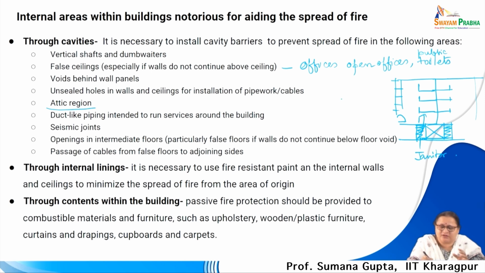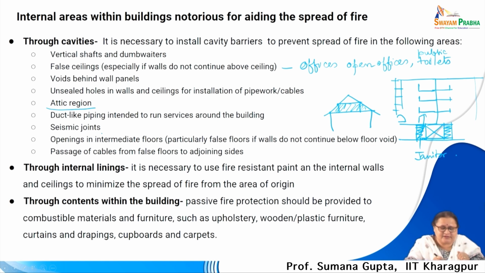Attic regions, attic space is the space above a sloped roof. So, this is my attic space which may be used for running washing machines of a laundry, of a hotel, and there may be electrical fires. So, these kind of spaces should never be neglected. Ducts like piping intended to run services around the building are to be closed between floors.